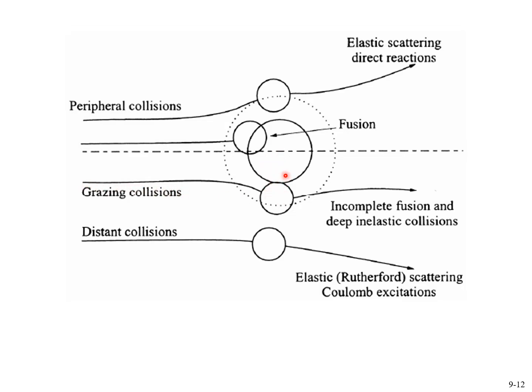These can also lead to deep inelastic collisions. And then finally, we get the formation of the compound nucleus, where we get fusion of the target and the projectile. As you can imagine, the cross sections will decrease as you go from reactions where you don't have to have complete interaction with the nucleus. So these cross sections should be higher than these, and then larger than the compound nucleus formation.